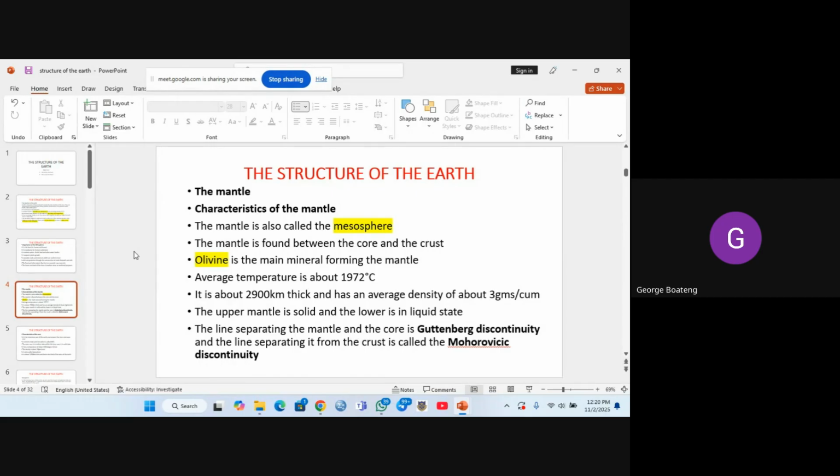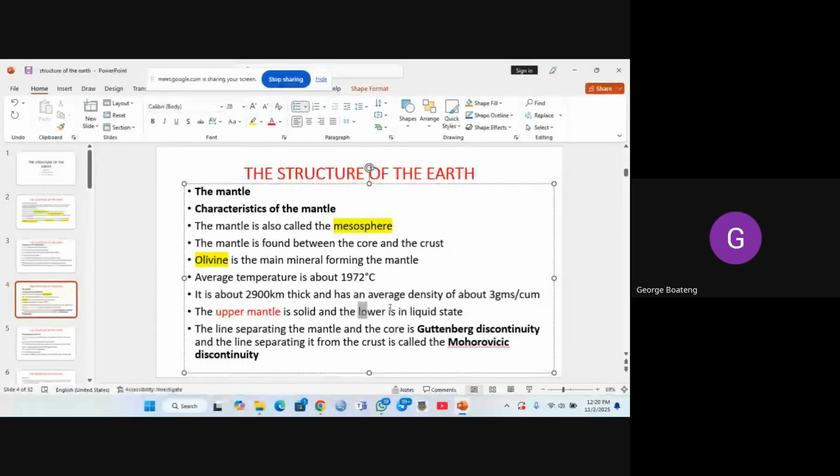Now, the mantle also has two divisions. We have the upper mantle and the lower mantle.